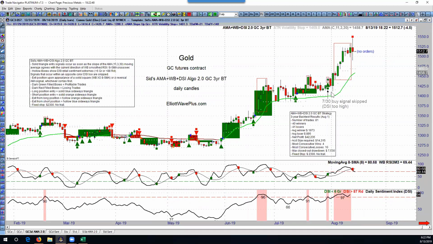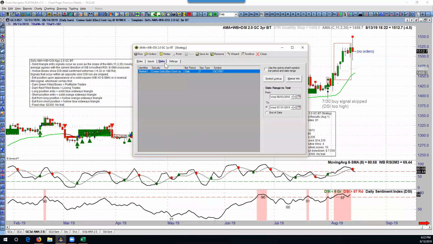But this skipping of signals when the DSI is very high caused me to look at this algo and go, okay, well, right now I've got it from basically 8/1 of 2016 through 7/31 of 2019. So that's a 3-year back test.